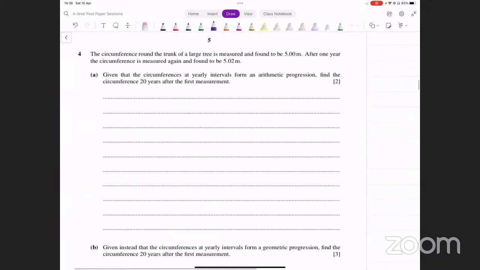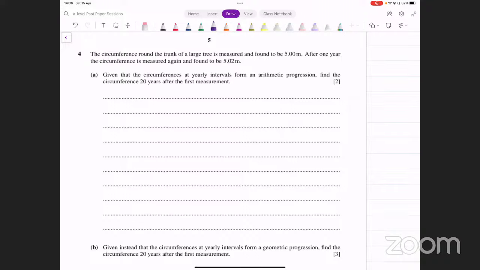Okay, so now we have the circumference around the trunk of a large tree, which is measured and found to be 5 meters.